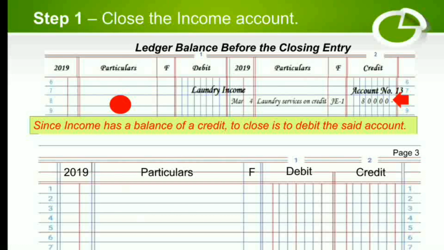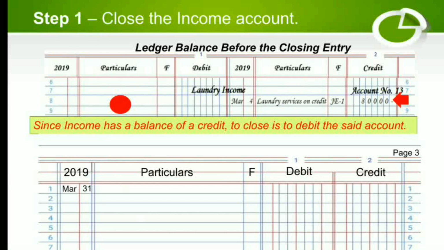Closing entries are prepared at the end of the accounting period. And in the case of Davao Laundry Services, its end of accounting period is on March 31, 2019. So we have here March and then the date 31. And then for the journal entry, as I mentioned a while ago, laundry income has a credit balance of 80,000 pesos.